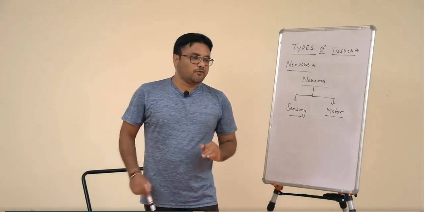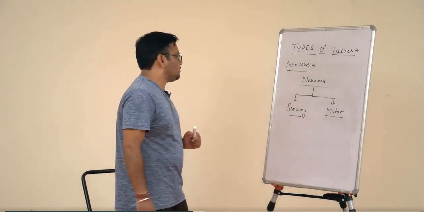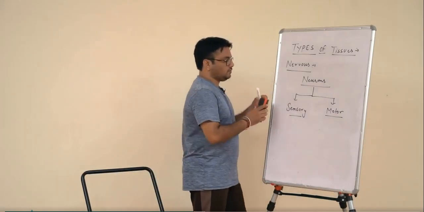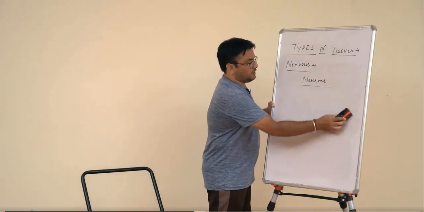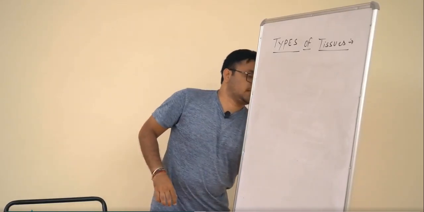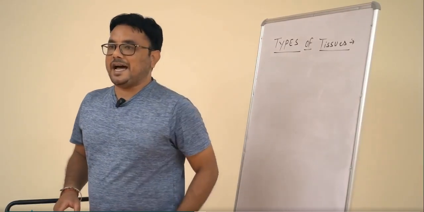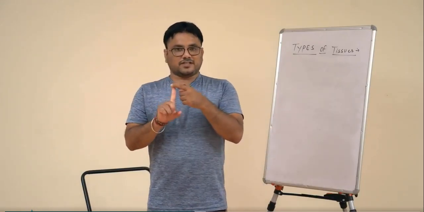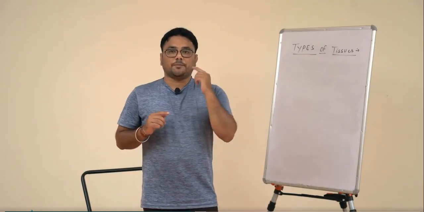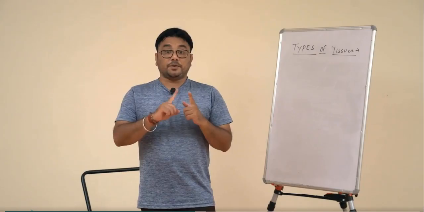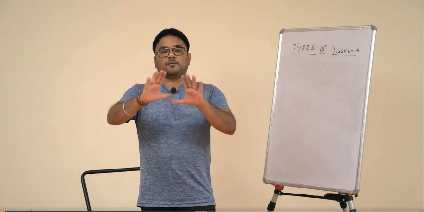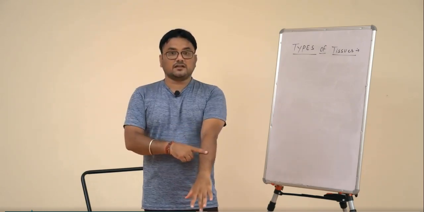So these are the 4 different types of tissues, guys, which we have discussed from the beginning until now. Just take a quick revision of that. Just go through your notes. The first one is your epithelium. Epithelium relates to epidermis, dermis. The example we know is your skin.